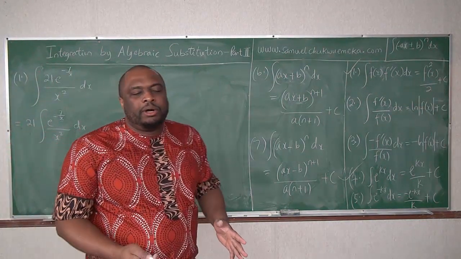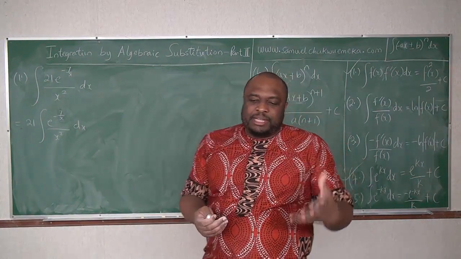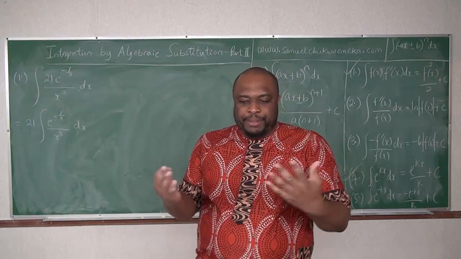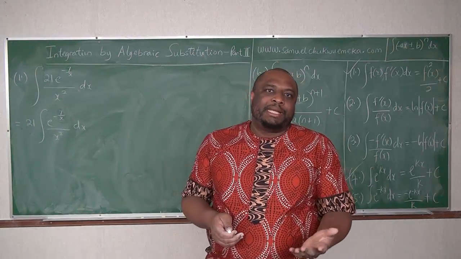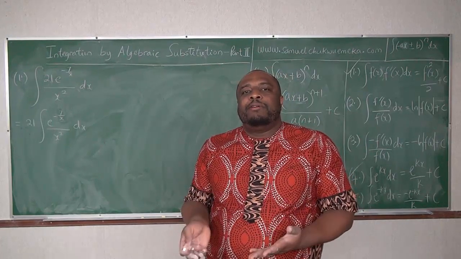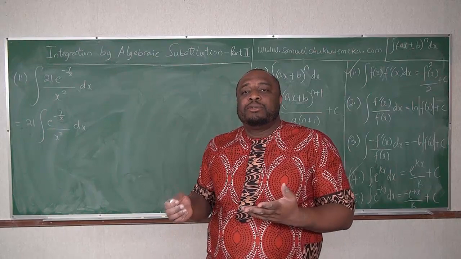You now say, okay, if I substitute p to be x squared, the p dx will give me 2x. The x dp will give me 1 over 2x. The x will give me p over 2x.